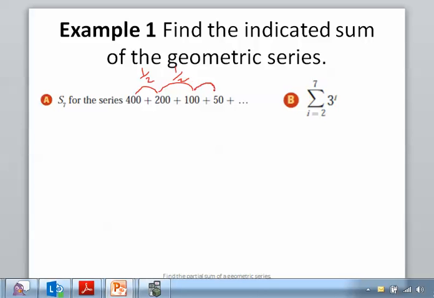From here to here, I multiply by 1/2. That tells me my r is equal to 1/2. They're wanting to find the seventh partial sum. How do I know? Look right here: S sub 7. They're wanting the first 7 terms, so n is going to be equal to 7.